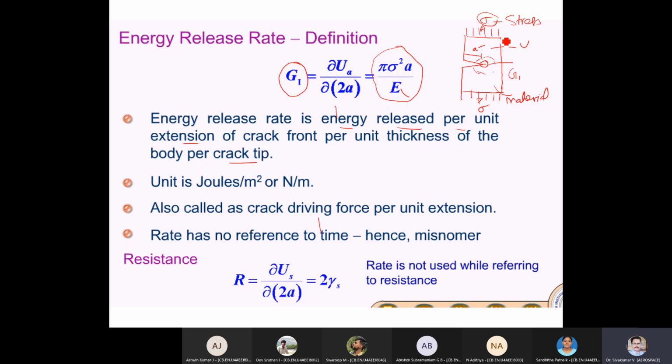This is unit thickness. One crack actually. Suppose I have two cracks, then it will be two. Suppose I have something like this, then two edges. This is per edge. You need not divide by two because it's only one side here.